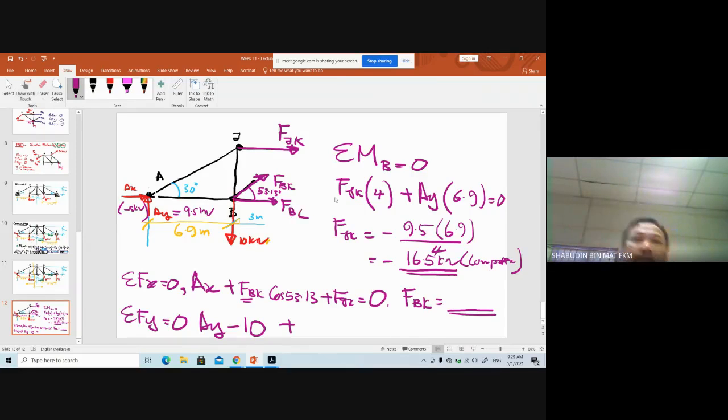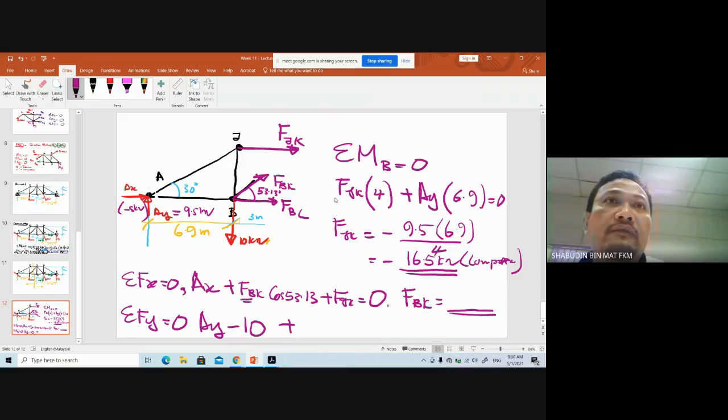BC. So summation of X, there is somewhere wrong there. AX, this is FBC. We missed the FBC there. FBC, FJK. Okay, so summation of force in, we do it again, AY.